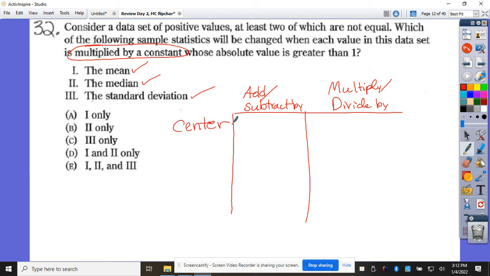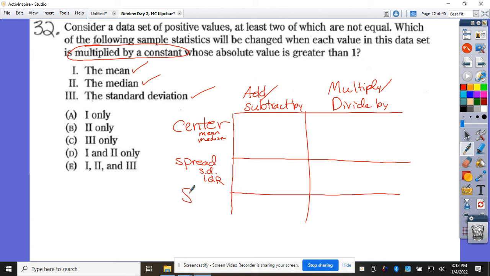So measures of center work the same. That's like mean, median, so forth. Measures of spread work the same, just like standard deviation, IQR. And then we're also concerned with shape.